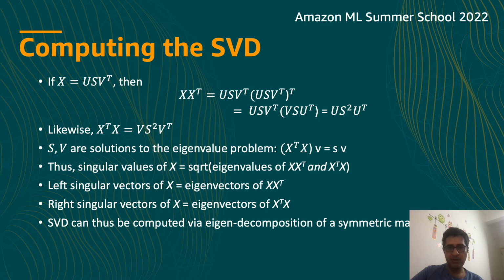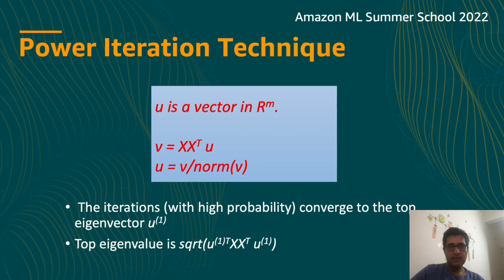It's called the power iteration technique. There are other techniques available for computing eigenvectors and eigenvalues quite efficiently, but I'm trying to give you a sense of how this can be done fairly quickly. The power iteration technique goes through eigenvalues one after another.